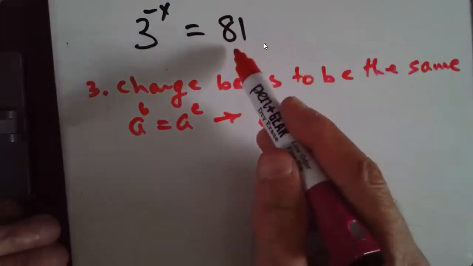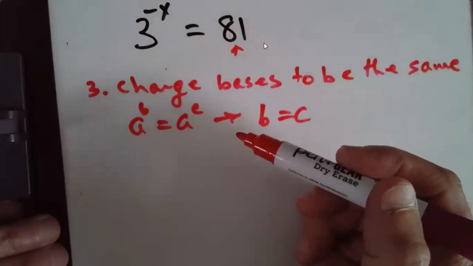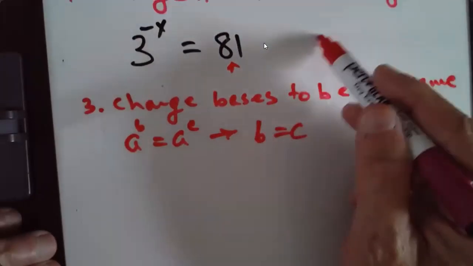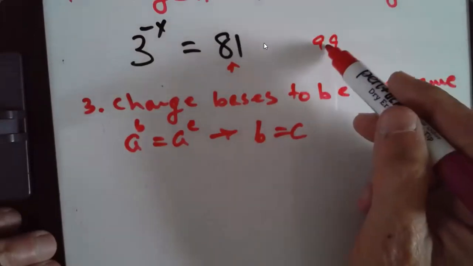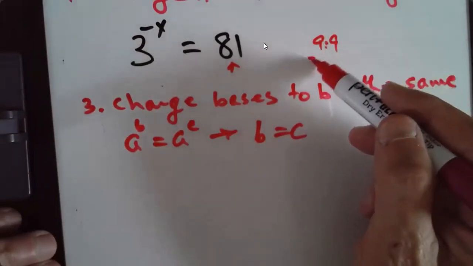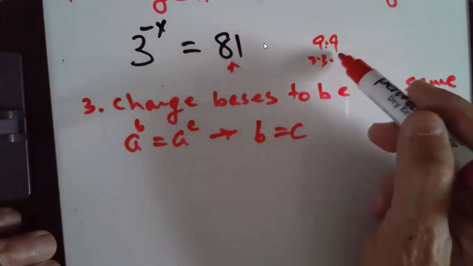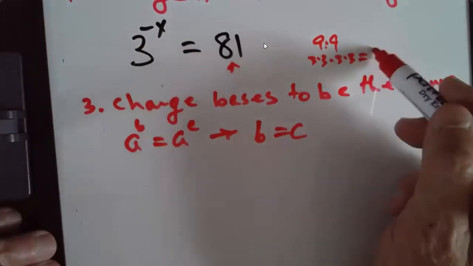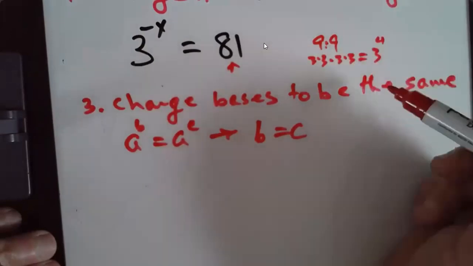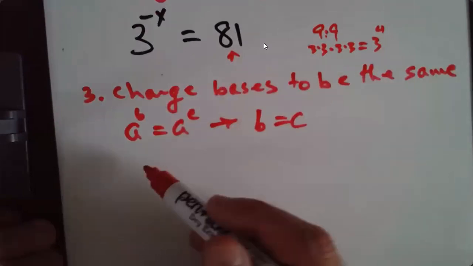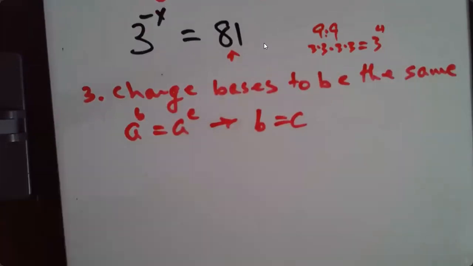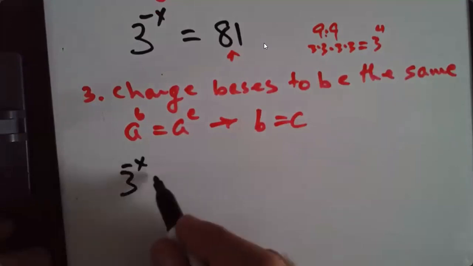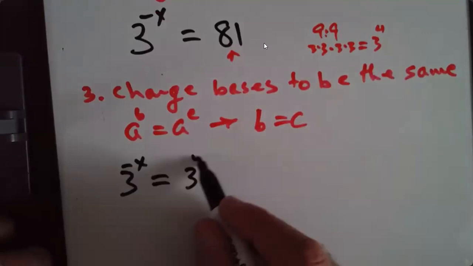So we want to see, can I make 81 3 to some power? Well, we know that 81 is 9 times 9, and 9 is 3 times 3. So we can say that 81 is 3 to the 4th power. So that means we have 3 to the negative x equals 3 to the 4th power.